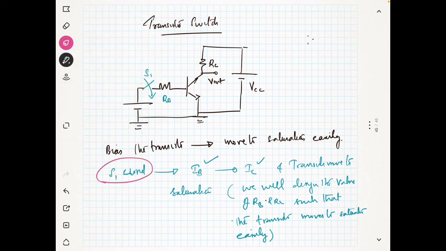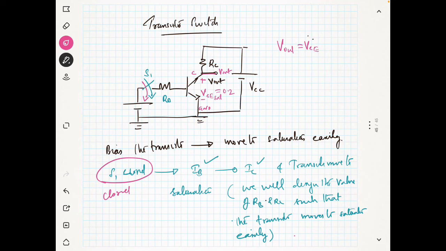I will show when the switch is closed with red color. When the switch is closed, the transistor will move to saturation. So the voltage VCE sat will be equal to 0.2 volt. The output V out you are taking from here is the voltage between the collector and the ground, which is connected to the emitter.